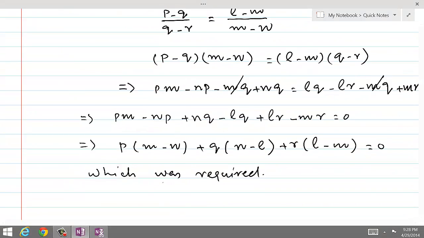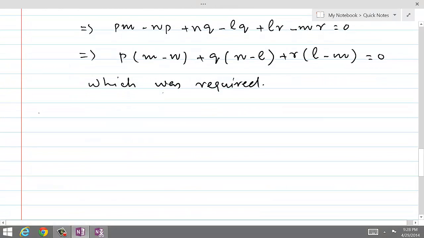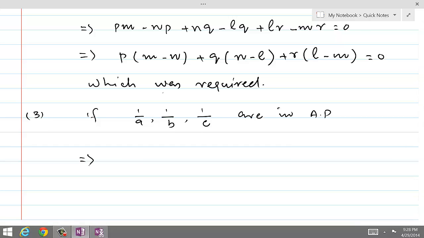So for question number 3, if 1 over A, 1 over B, 1 over C are in AP, then what is the criteria for a sequence to be an AP sequence?